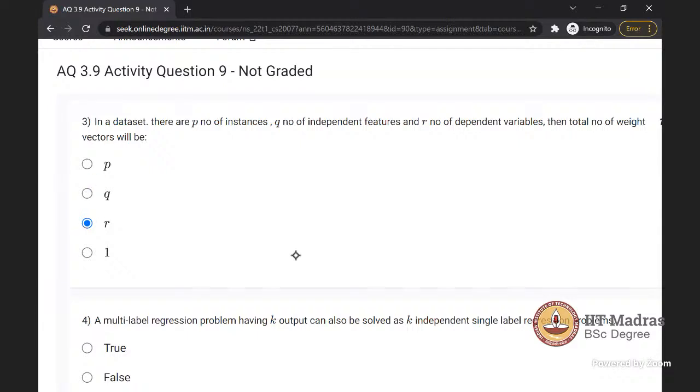Can somebody explain to me? Yeah. As we are talking about R dependent variables, that means we have R different levels, multi-outputs. Exactly. And for every level, we should have one set of it. So as we have different levels, we should have R different sets of weights. Absolutely right. Yes.